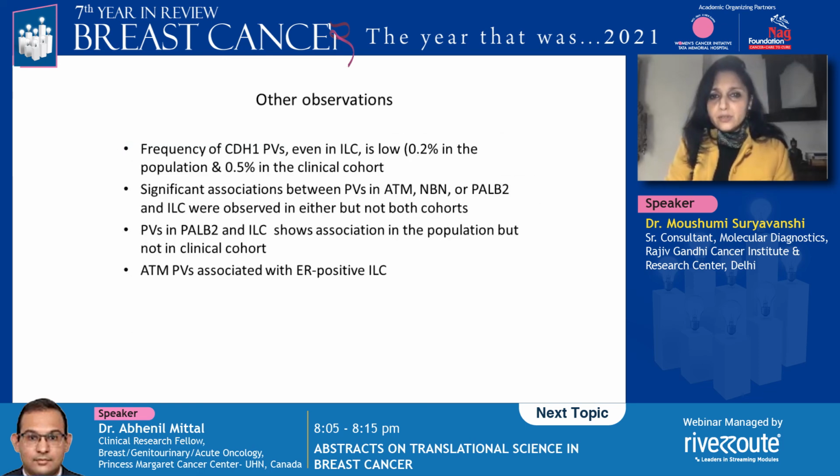Then there were certain other observations that there were other genes, not clinically significant, which were associated. Then ATM pathogenic variants were associated with ER positive lobular carcinoma. That's a known observation which was repeated in this study.